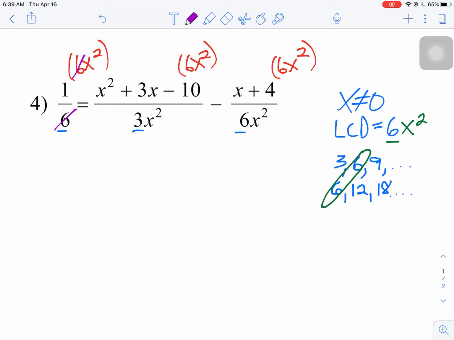In the second fraction, 6 divided by 3 is 2. So this 3 is gone completely, and then this 6 turns into a 2. And then the x squared divided by x squared cancels out completely. In that last fraction, 6 divided by 6 cancels out to 1. X squared divided by x squared cancels out to 1.